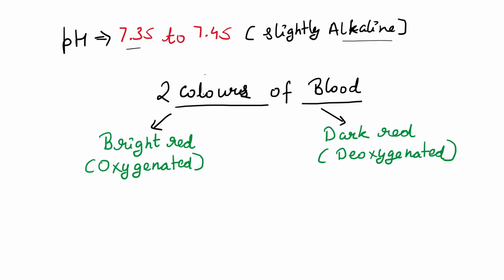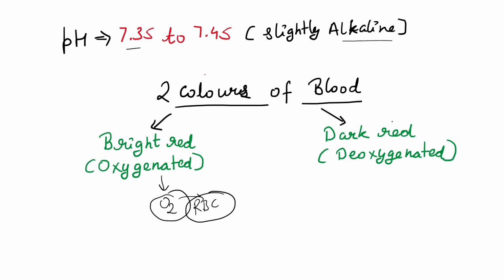Now there are two colors of blood. One is bright red, and if you see bright red colored blood, that means it is oxygenated. What does oxygenated mean? That it contains O2, so the RBCs must have been carrying more O2 gas.